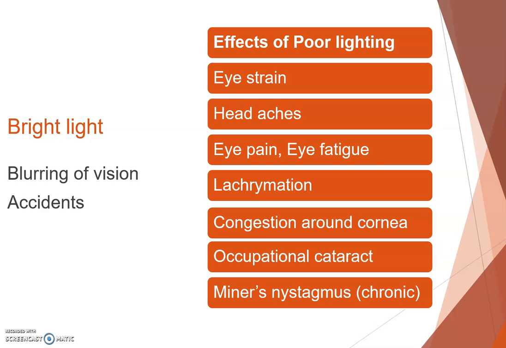It can happen when they are exposed to excessive light also. The intense direct glare can also result in blurring of vision, and most of the accidents happen because of this in some industries, some places, especially when the people are more aged. So there should be sufficient, good, adequate lighting.